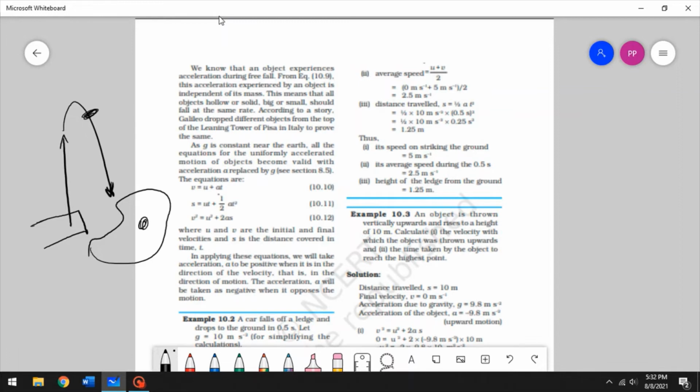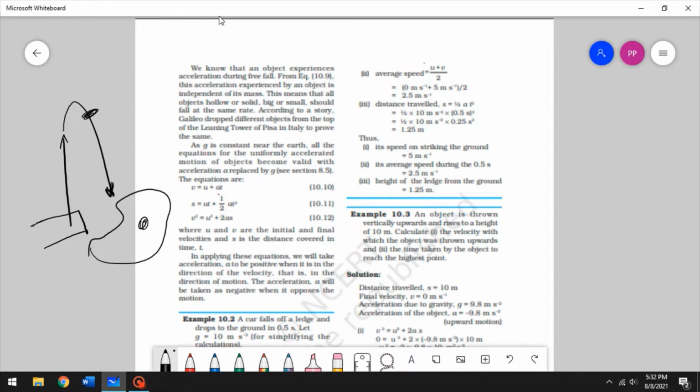All right. So all objects, whether they're hollow, whether they're solid, big or small, they all fall at the same rate. All right. So this is a story that Galileo dropped different objects from the top of the Leaning Tower of Pisa in Italy to prove the same.